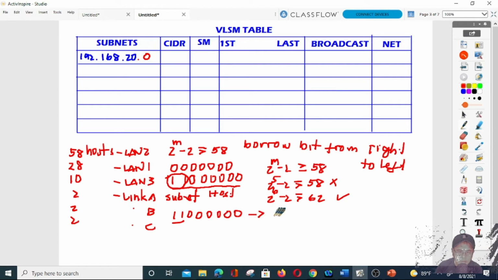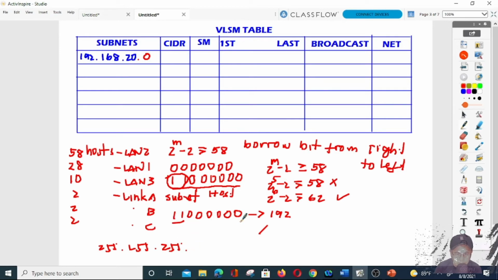That will be 192. And what will be the equivalent CIDR? As I said a while ago, we need to count the number of ones. That is already 24 for the first three: 255, 255, 255.